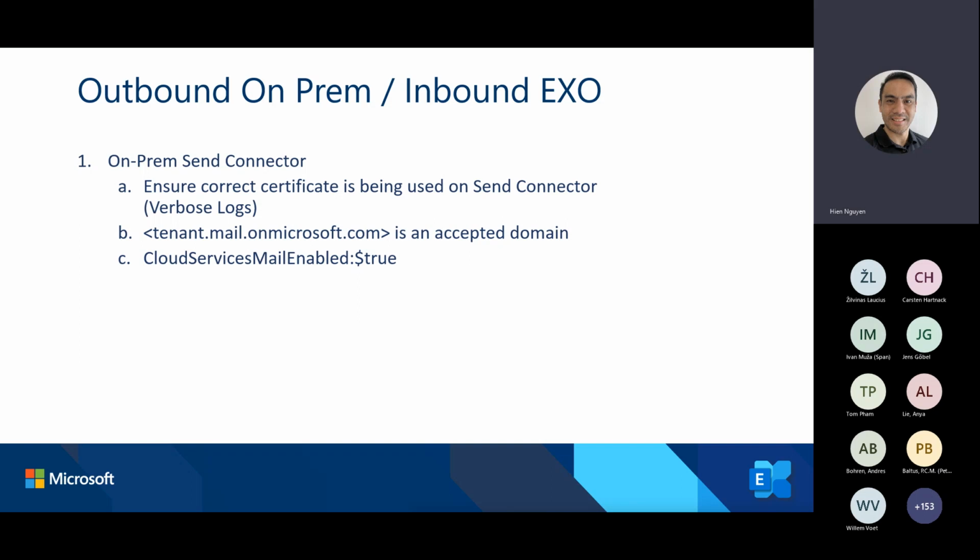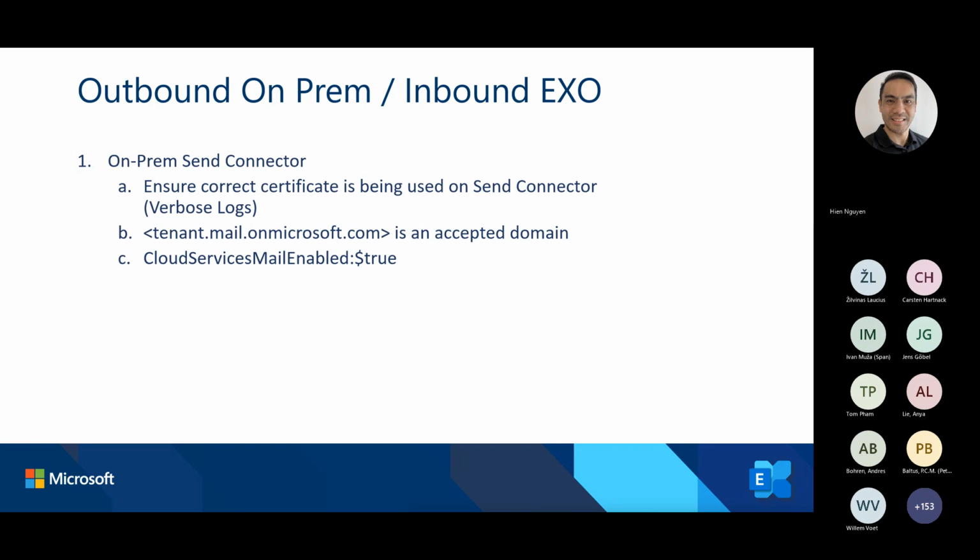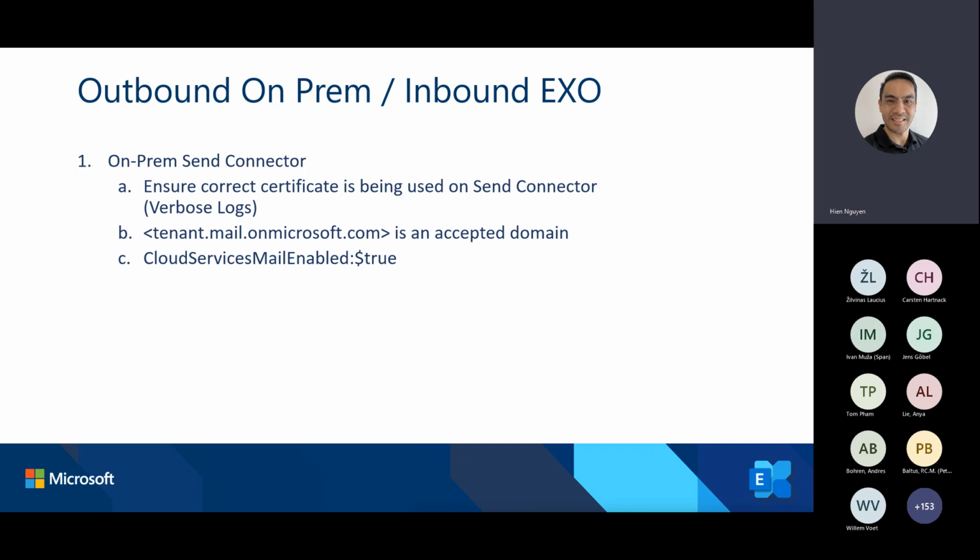So the on-prem send connector, we need to ensure that the correct certificate's being used on the send connector. You can check that in the verbose logs. We need the tenant.mail.onmicrosoft.com domain to be an accepted domain on-prem so that the cross-premises headers are added. And then cloud services mail enabled to be true, so those headers can be transferred.